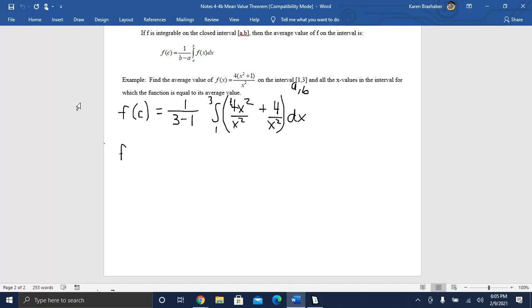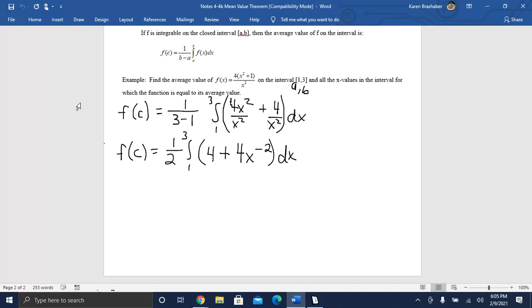So we can begin the process of simplifying. This will be 1/2 the integral from 1 to 3 of 4x squared over x squared. I'm going to finish the rewrite. That would be 4 plus 4x to the negative 2 power dx.